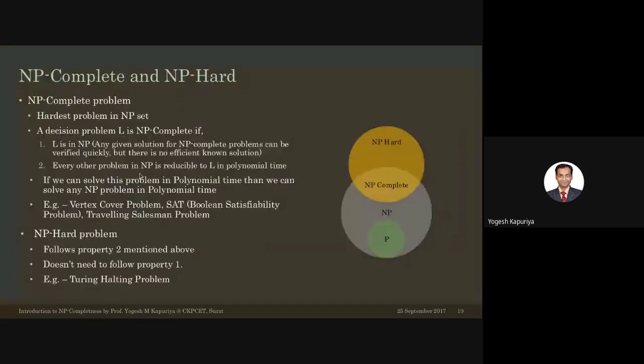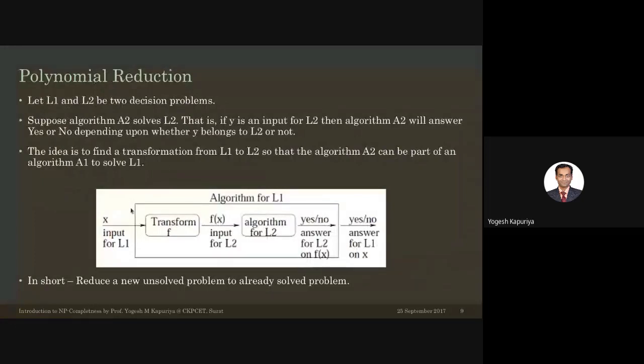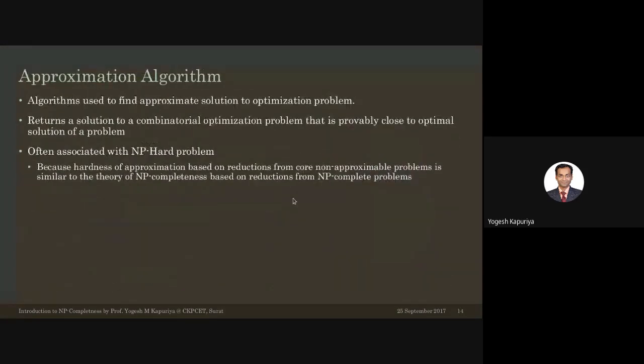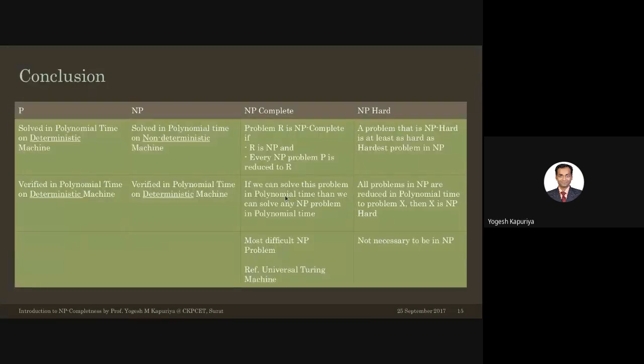The reason for that is, when you go for this transformation function, when you are reducing it to something else, this transformation may not always give you accurate results. But you are actually interested in finding the results rather than being worried about accuracy. You may have some deviation, and if that deviation is acceptable to you, then you can always go for an approximation algorithm to solve this kind of problem.